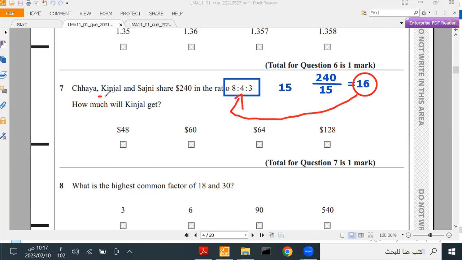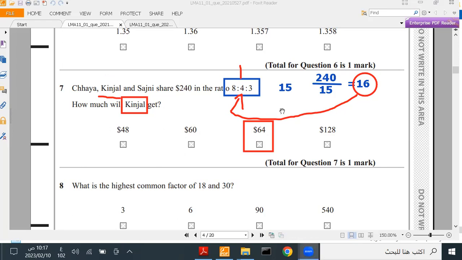Because he asked for Kinjal. Yes, Kinjal is in the middle. Good. That's Kinjal. So we take 16 and multiply it by 4 to get 64. Do you get the idea? Yeah. Good job. Yes, so it's $64. If he asked me about all of them, I would multiply 16 by 8, 16 by 4, 16 by 3. But he asked me only about Kinjal, so I bring the answer for Kinjal and give it. Okay.